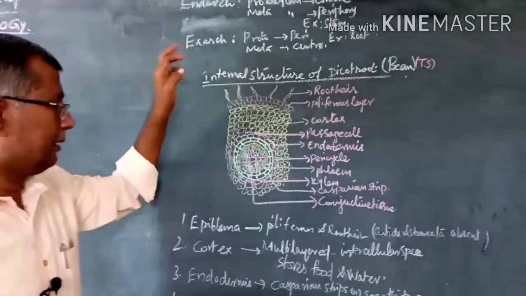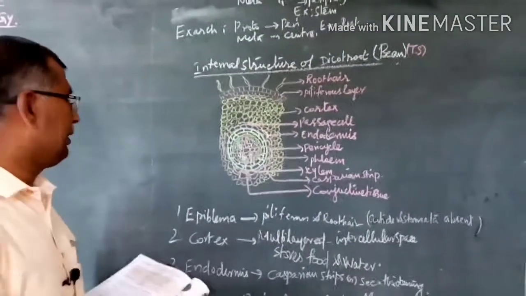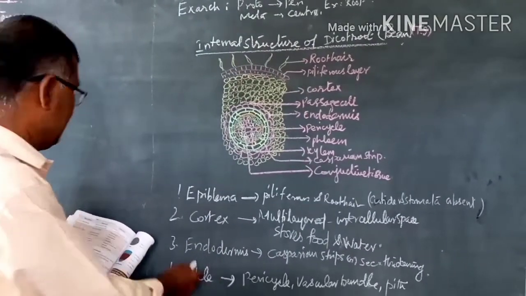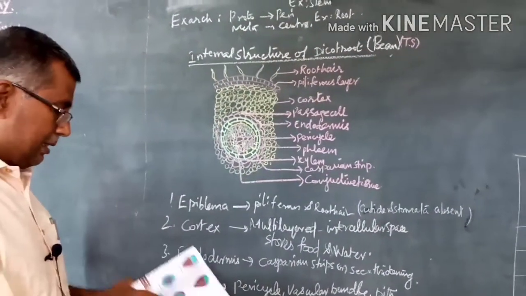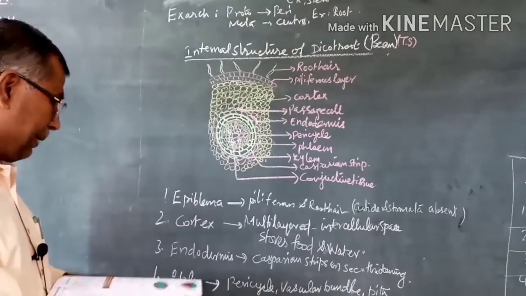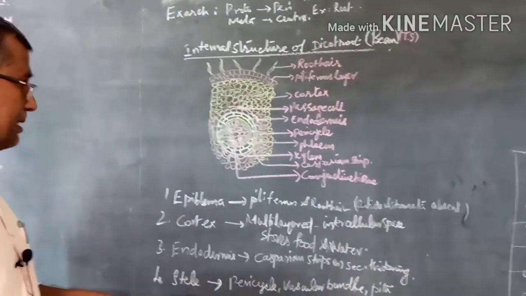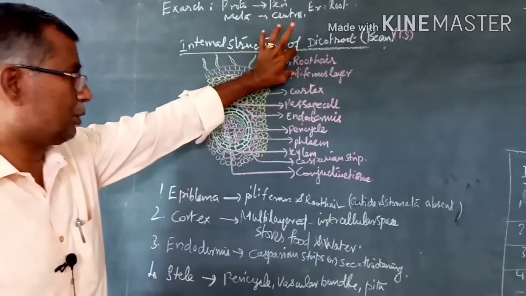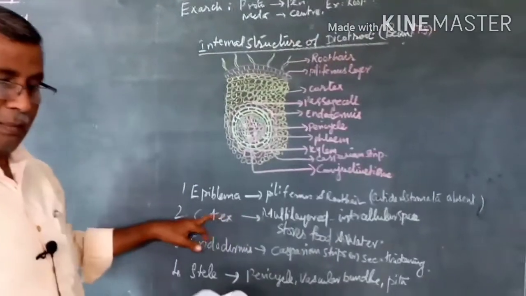Then next we are going to see the internal structure of the dicot root, transverse section. Example, bean. It is divided into epiblema, cortex, endodermis and stele. The epiblema consists of the piliferous layer and root hairs. These two constitute the epiblema.